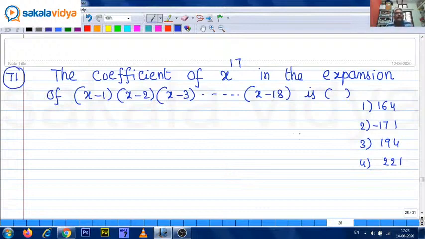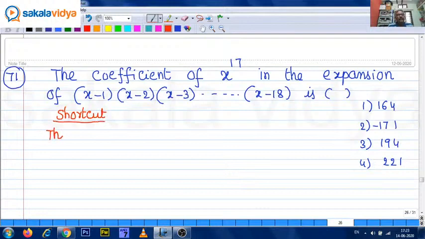Okay. The coefficient of x to the power of 17 in the expansion of (x minus 1)(x minus 2)(x minus 3) and so on up to (x minus 18): we have one shortcut formula. Let me explain the shortcut.